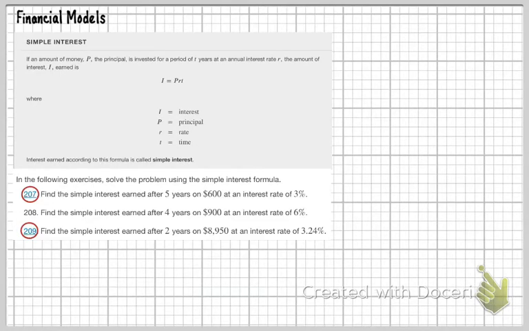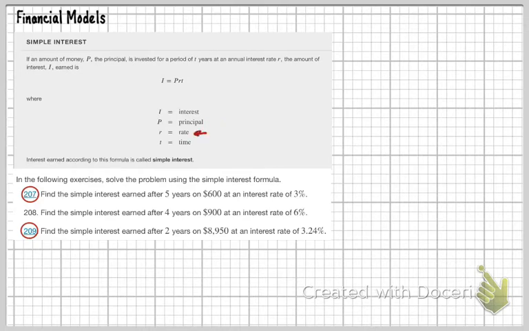Financial models, simple interest. It says if an amount of money P, the principal, is invested for a period of T years at the annual interest rate R, the amount of interest I earned is I equals PRT, where I is interest, P is principal, and principal simply means original amount.